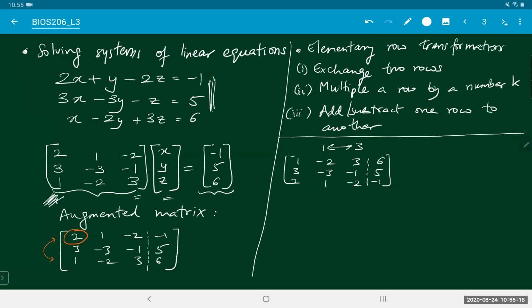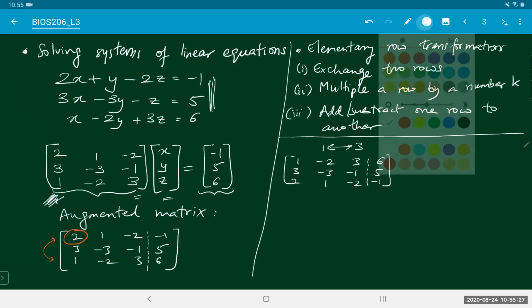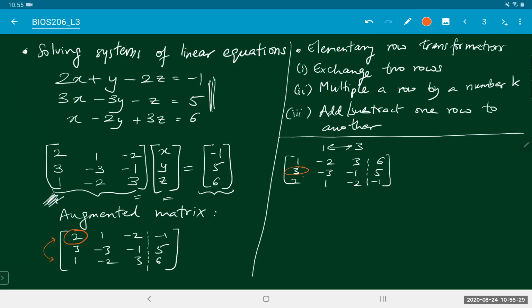Good. Now, I have a 1 in the top left corner. Now I'm going to try and make these two fellows 0. How can I do that?